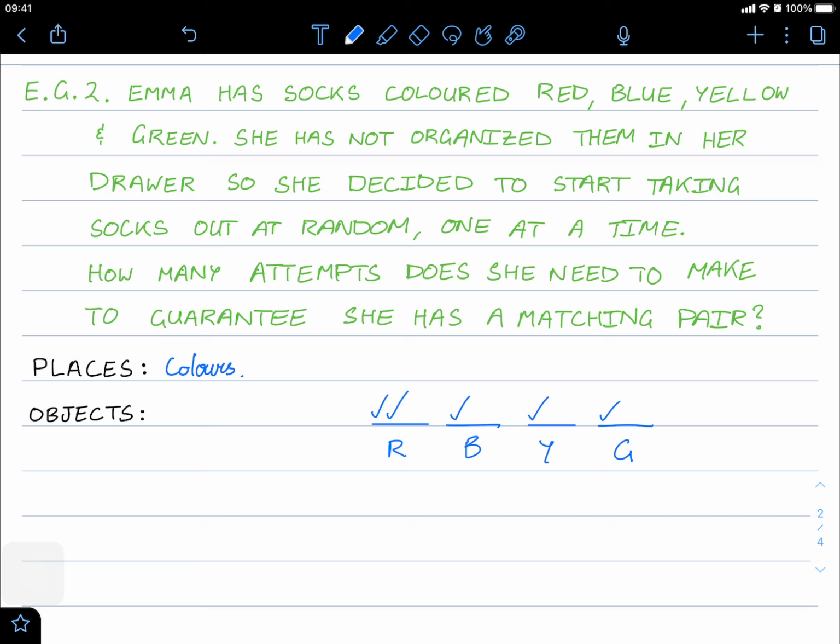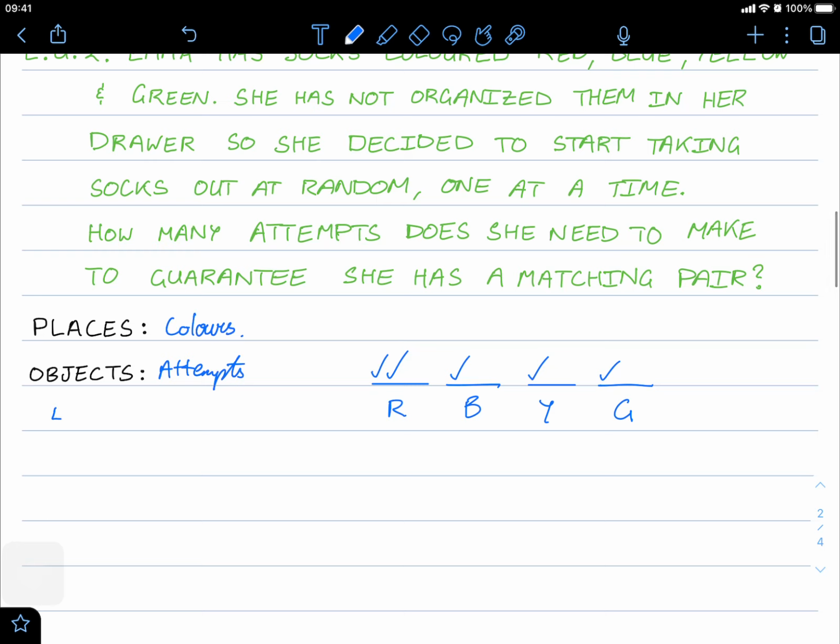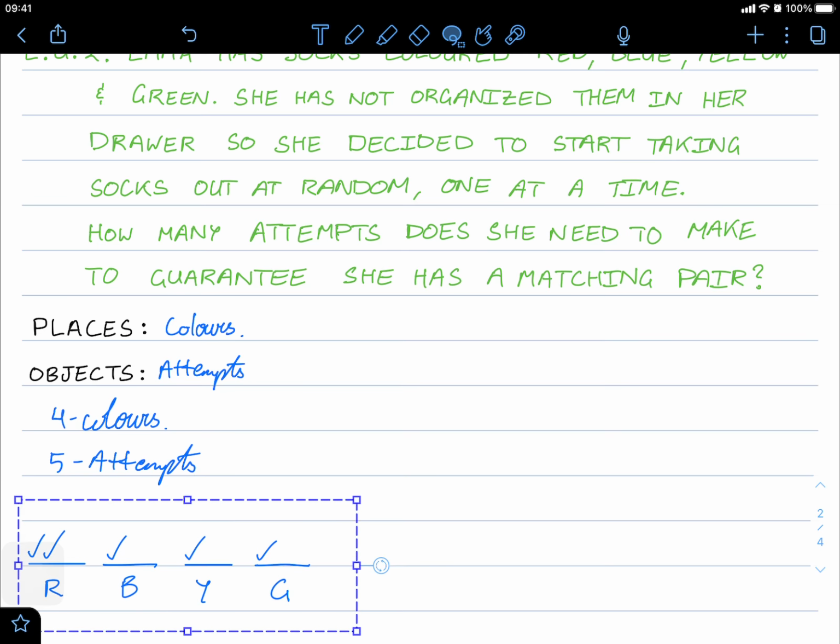For this one, our positions or places are the colors, and the objects are the attempts. Since there are 4 colors, we need n plus 1 objects, so we need 5 attempts. And there we have it.